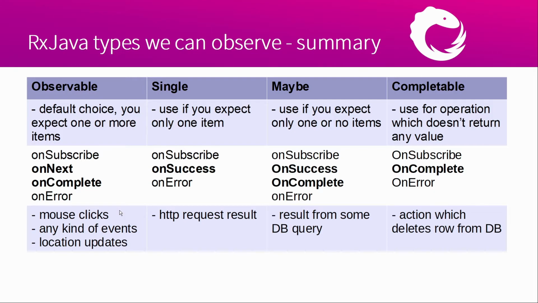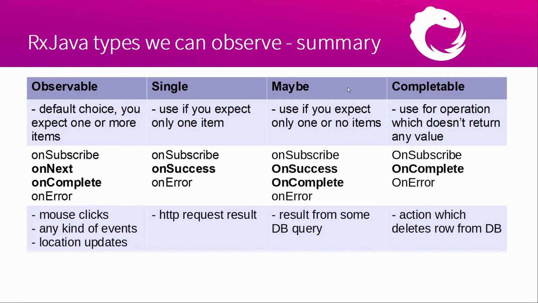Basically, events which can be represented by observable, like mouse clicks, any kind of events for that matter, location updates, and much more. Then we have single, and you should choose single if you expect from some operation one and only one item. An example of that can be HTTP request result. You're making some request to the service and you expect one and only one response.